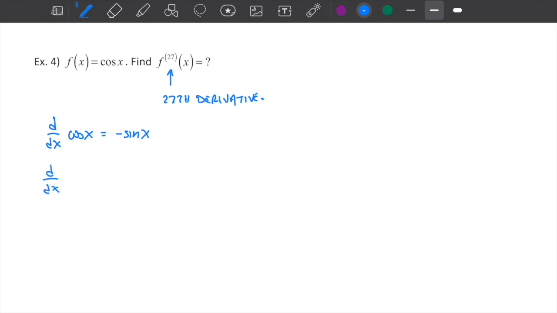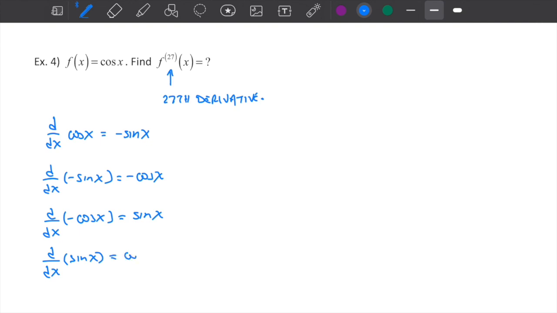The derivative of negative sine of x is negative cosine of x. The derivative of negative cosine of x is positive sine of x. The derivative of positive sine of x is cosine of x, and we'd be right back to the start.